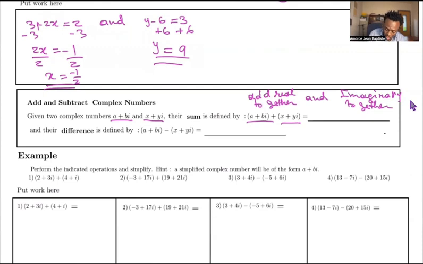So in this case, you would have a plus x plus b plus yi.